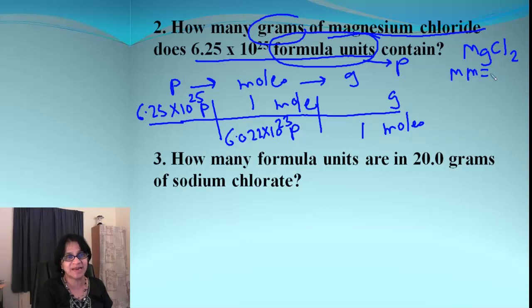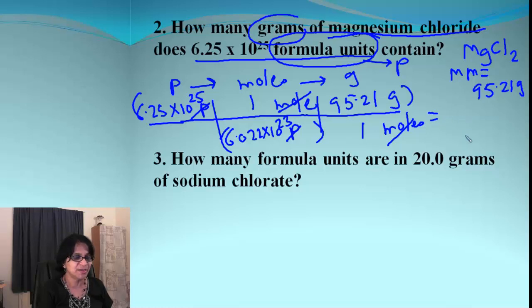Now the molar mass for magnesium chloride is 95.21 grams. So I plug that in, and that's gone. When you multiply and divide with that magic number, your answer comes out to be 9.88 times 10 to the third grams.